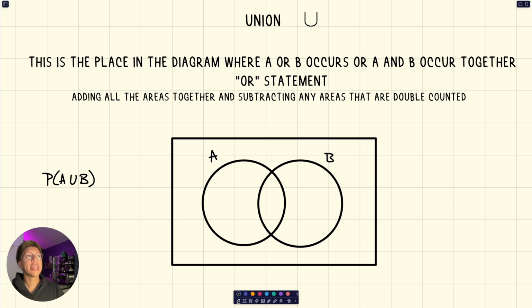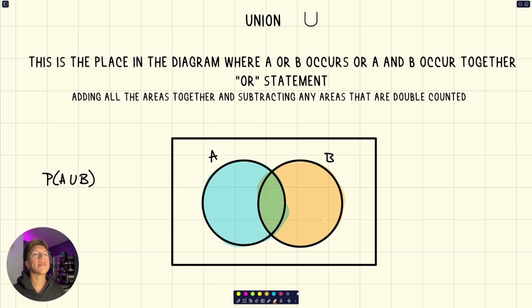When we convert that into English, what we're saying is, where does A happen, or B happen, or A and B happen together? And that's hopefully pretty obvious. We can see that A is everything here in our A circle, once again. And if we look for where B happens, it's going to be everything inside of the B circle, once again.